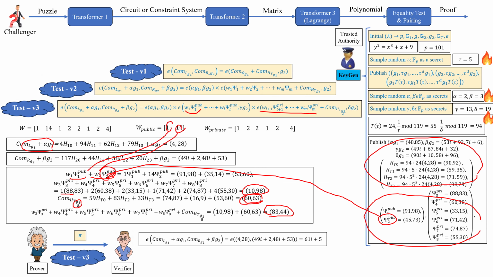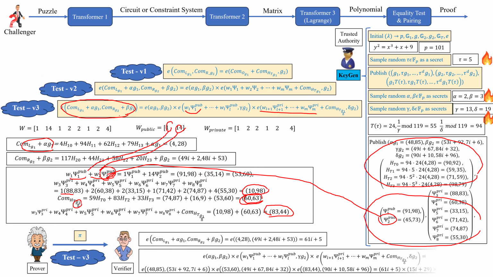The verifier will check and compute the pairing for the left side, which is computed from this one, and then the pairing of these two values that are given in the SRS, multiplied by the pairing of these values. Again, we see that the results are equal to each other.